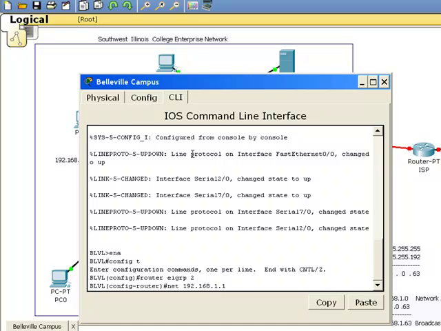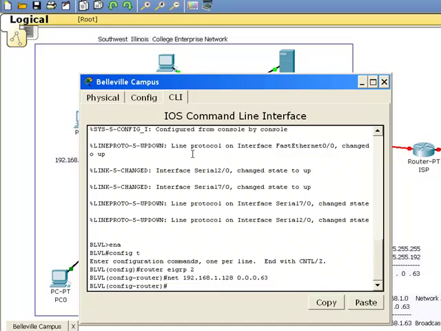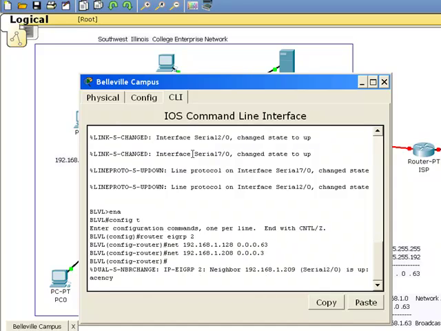And we've got 1.128, 0.0.0.63. We've got network 192.168.1.208, 0.0.0.3. Oh, and we got an adjacency there. What do you know? And the other serial interface is .12.